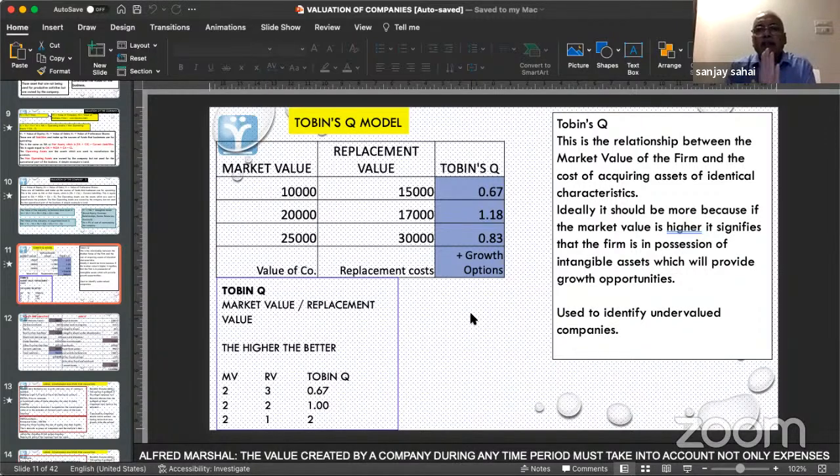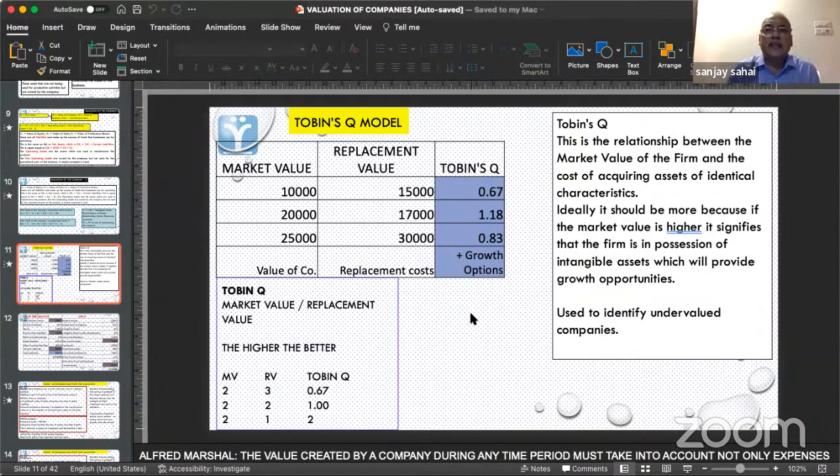If the market is valuing it correctly, then generally the market value will be higher than the replacement value, because the company is more than its assets now. The company is also about the brand equity it has, the customer relationships, the intangible assets, the human resources.